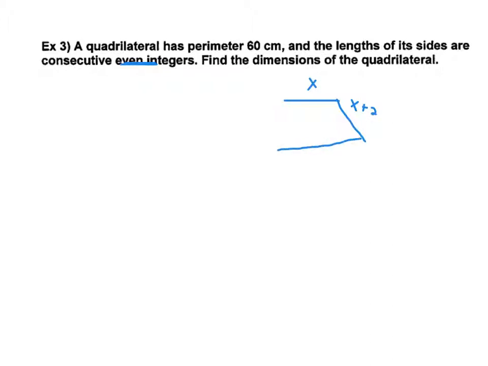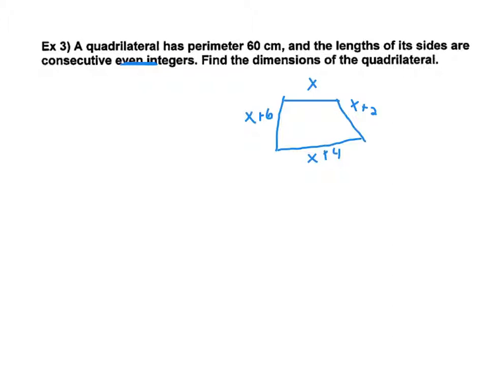So this one would be x plus 4, right? So this would be like 2, 4, 6. And then this one is going to be, and this is not drawn to scale, x plus 6. So that would be a 4-sided quadrilateral, consecutive even integers, starting with the first number, which is x, and then adding 2 each time.